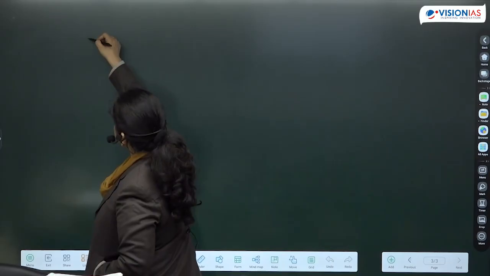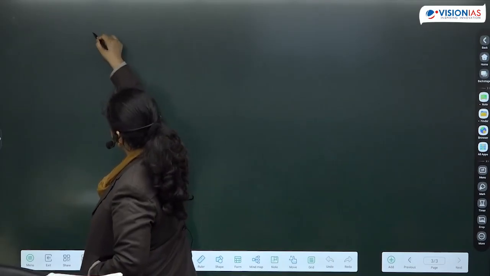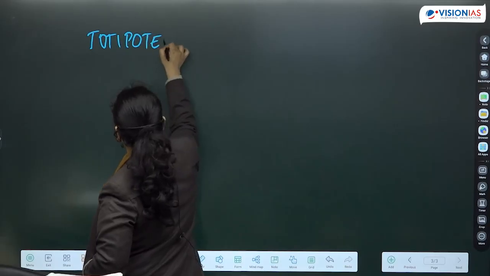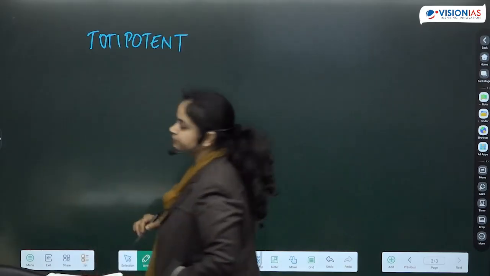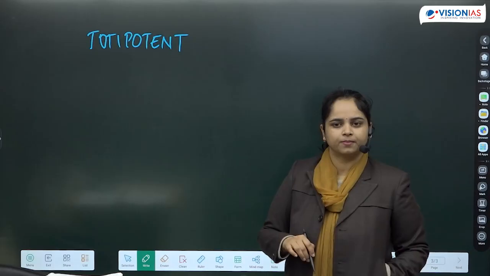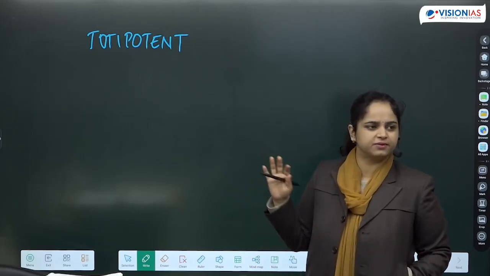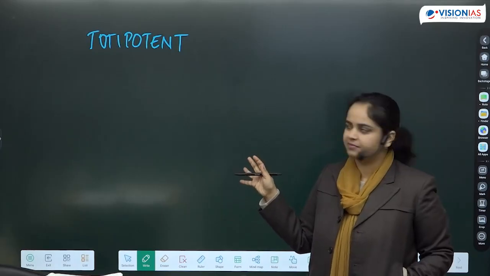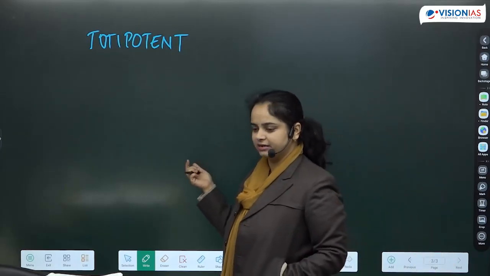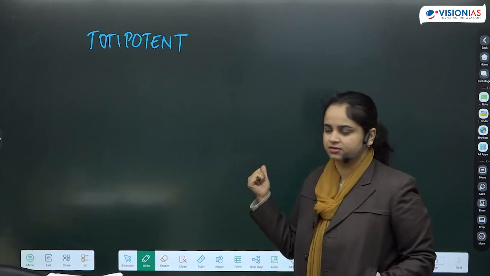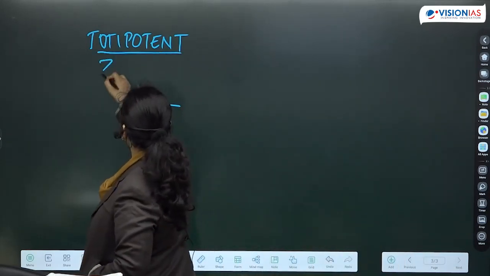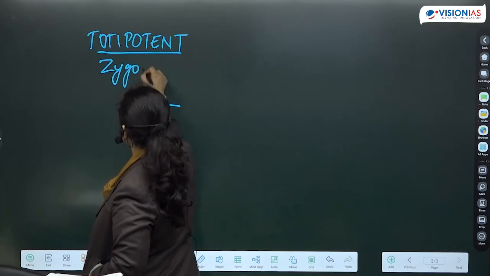So the first term we are going to use here is totipotent. As I go further into explaining what are the different types of stem cells, you'll be able to connect to this better. But just try and understand and write this also. The only truly totipotent stem cell is the zygote.